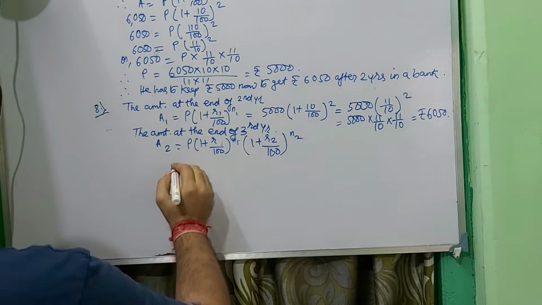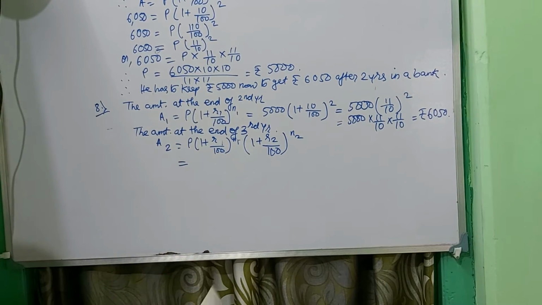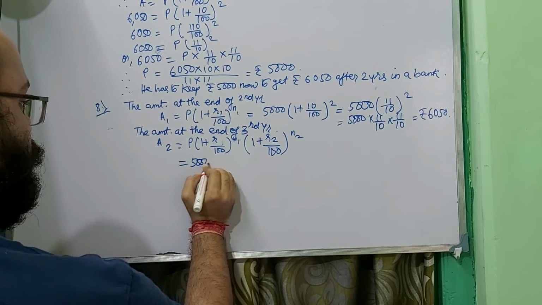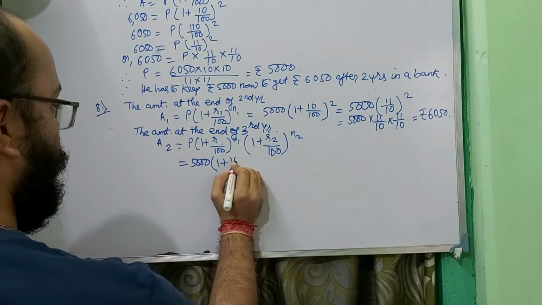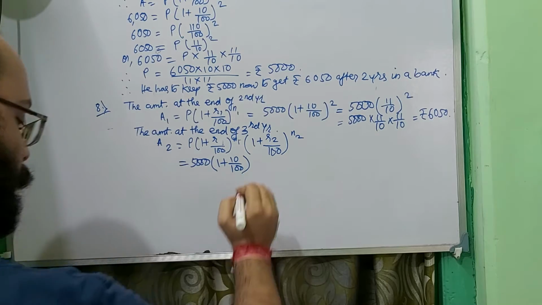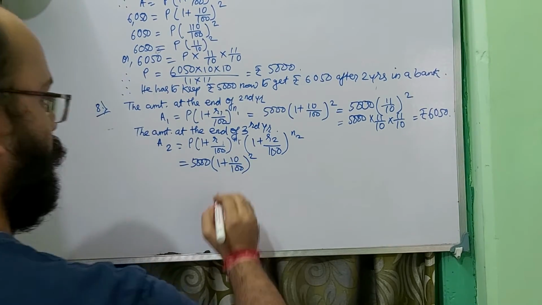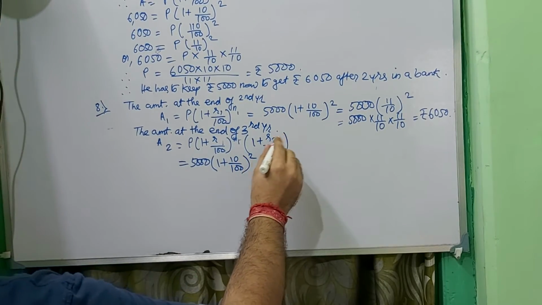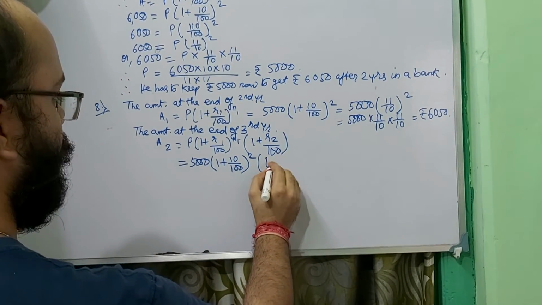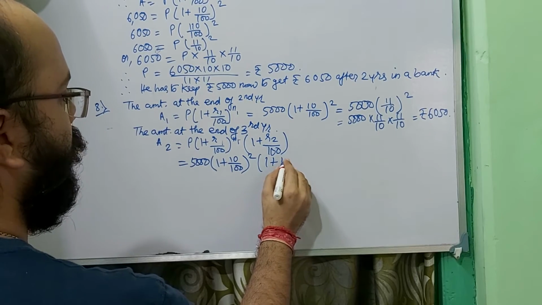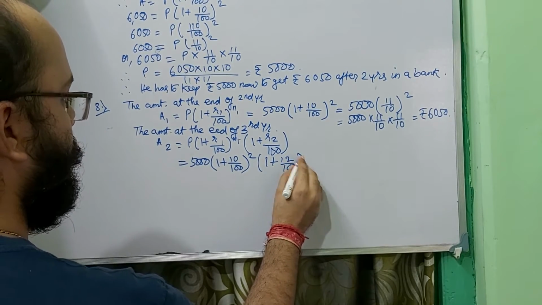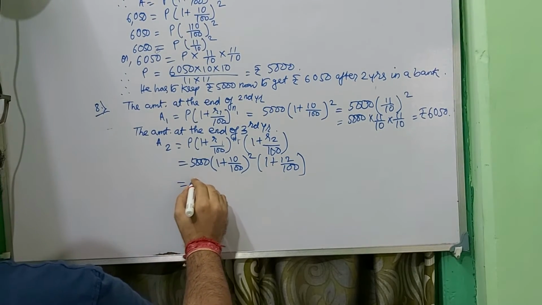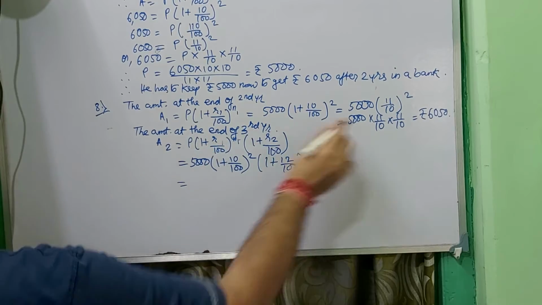So if you put that, you can easily calculate 5,000 into 1 plus 10 by 100 whole to the power N1, means 2, and 1 plus R2 by 100, means 1 plus 12 by 100. If you calculate that, this totally is 6050.